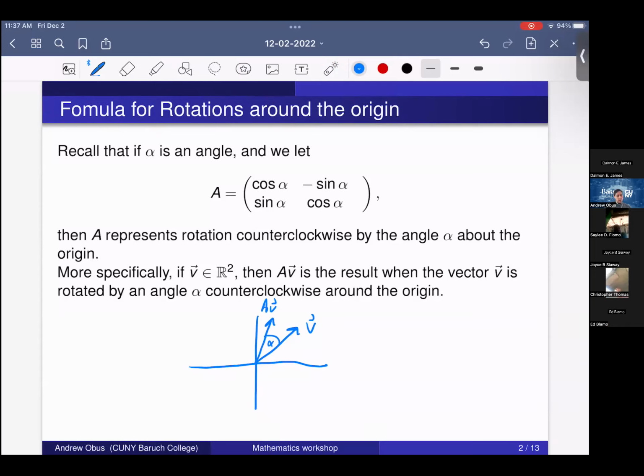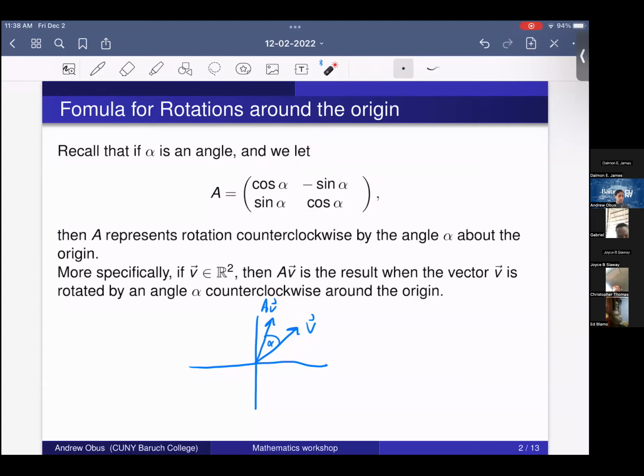We know that if you apply a 2x2 matrix to a vector v, you get a new vector by multiplying the matrix with v. We wanted to know what matrix it is, so that when you multiply it by a vector v, you get this new vector that's been rotated by an angle alpha.